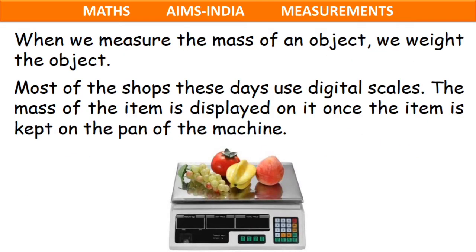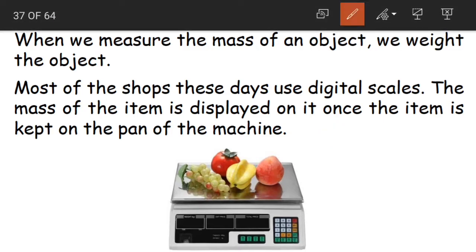But in the case of a digital weighing machine or digital scale, nowadays many shops are using these. Why are they using these digital scales? Because these scales are easier to use. If you recall your shopping experiences, what happens, children, when we go to any supermarket or grocery store? They just place the objects on this scale.